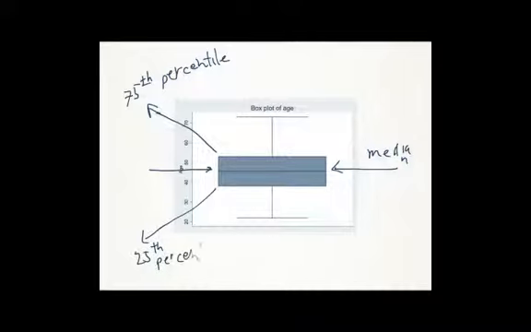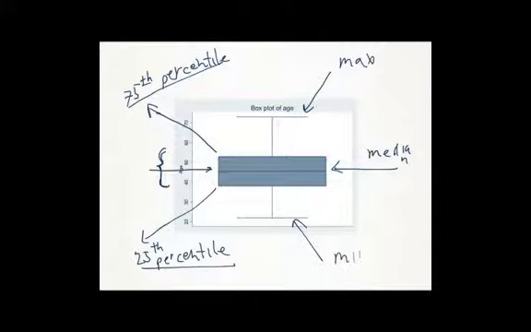And now you'll remember, if we take the number at the 75th percentile and subtract the number at the 25th percentile, we get the interquartile range. So that is here. Then this final line at the very top represents the maximum, and the line at the very bottom represents the minimum.